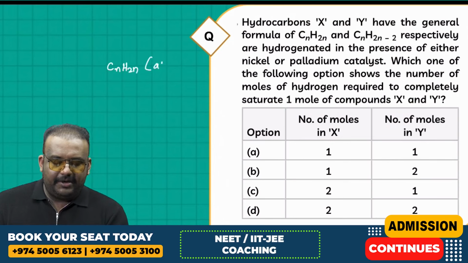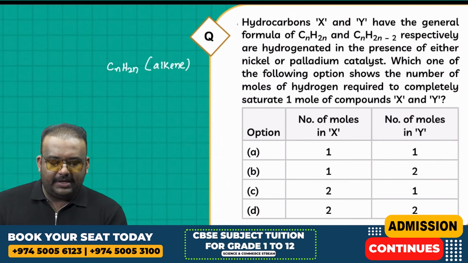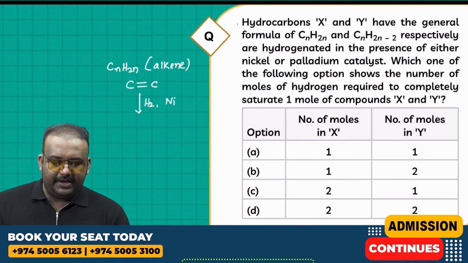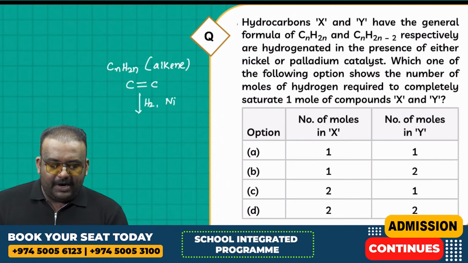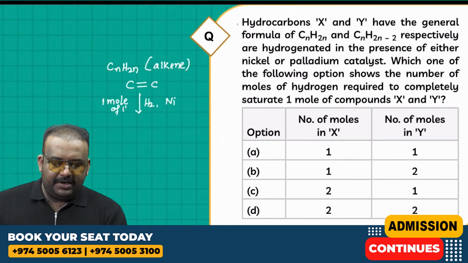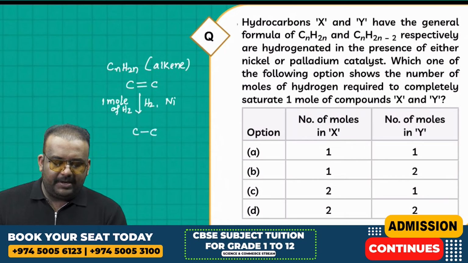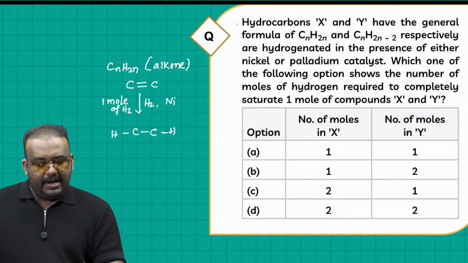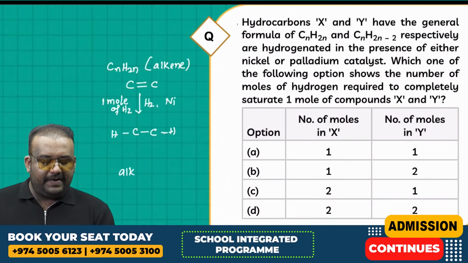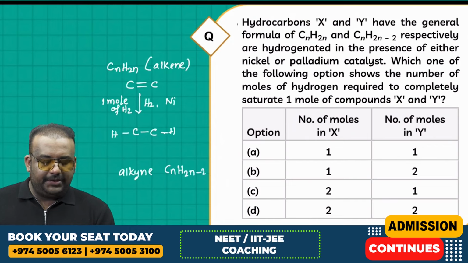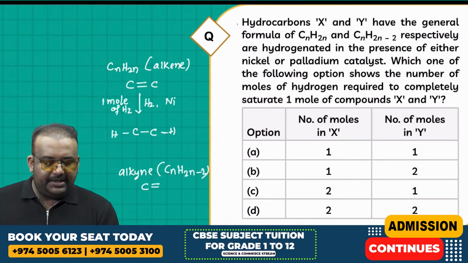CnH2n, that formula corresponds to an alkene, correct? So alkenes have only one double bond, right? So when you hydrogenate it in the presence of nickel, all you need is 1 mole of hydrogen. What will happen? It will break the double bond and hydrogen will add across it. But if I have an alkyne, the formula of an alkyne is CnH2n minus 2, so there is a triple bond.